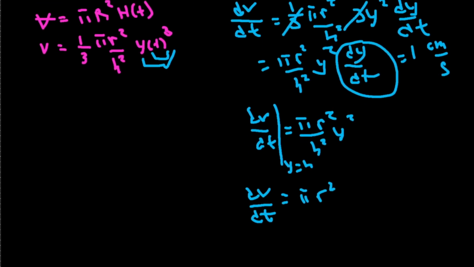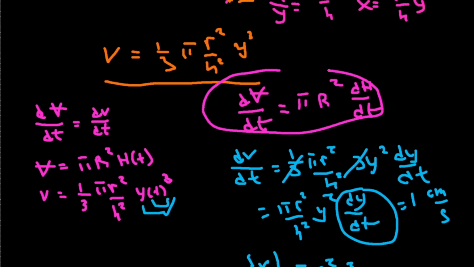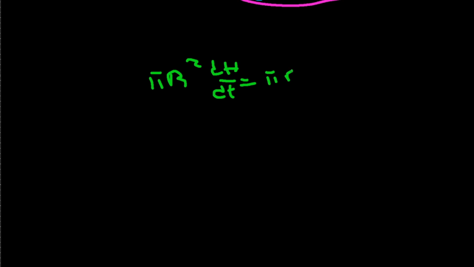Alright, now all we have to do is equate this rate of change of volume to this rate of change. And that's going to be pi big R squared dH dt is equal to pi little r squared.